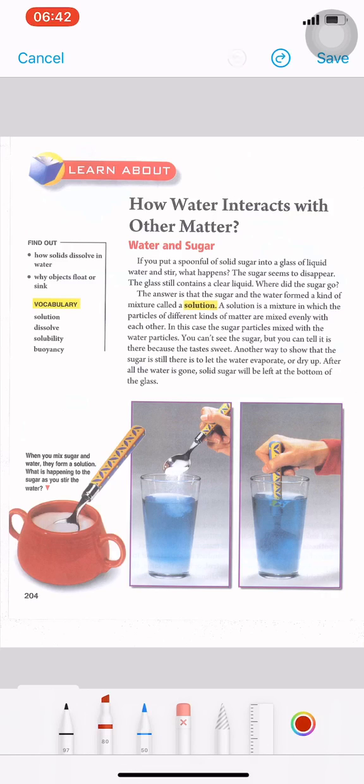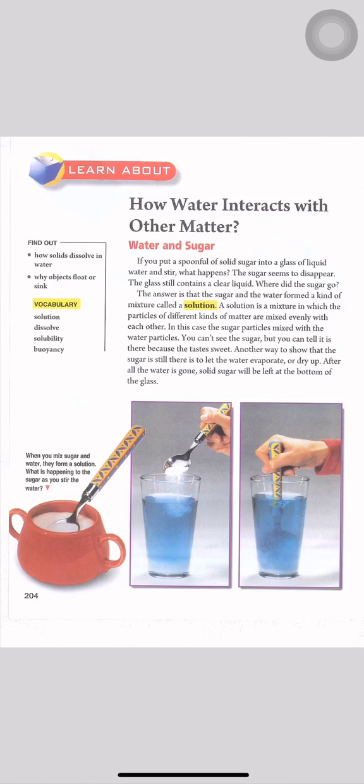The way to show the sugar is still there is by tasting the solution, and it tastes sweet, or let the water evaporate and the sugar will be left at the bottom of the glass.